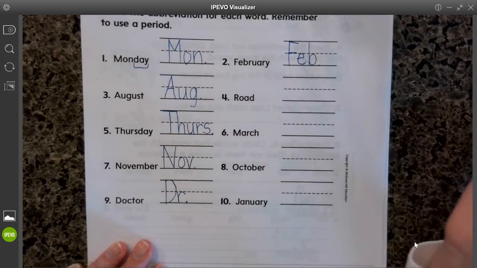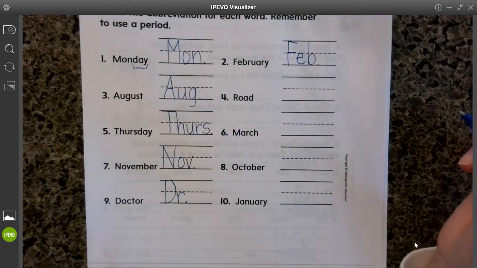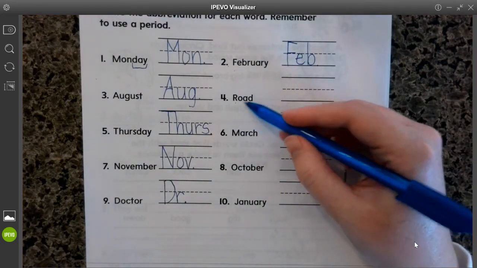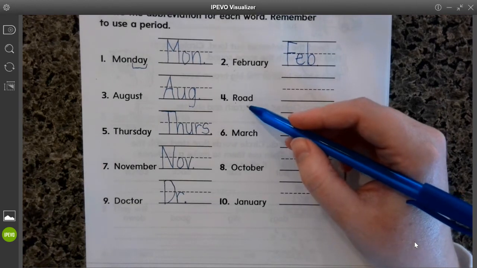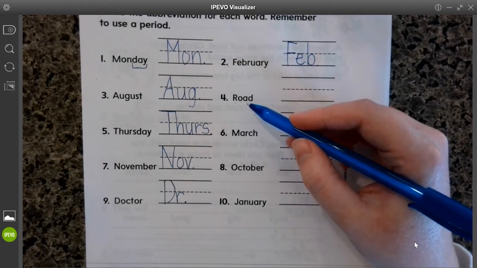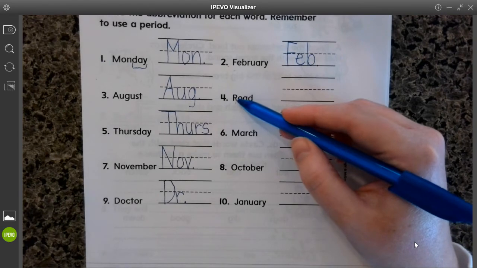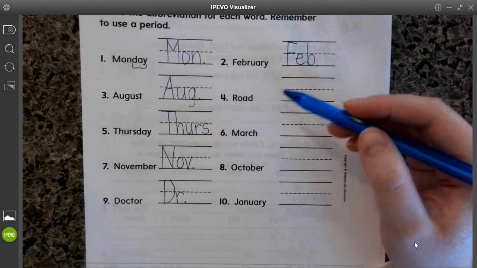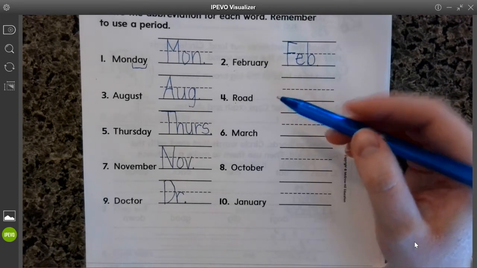Okay, 4 is another example of a word we sometimes see abbreviated. Notice again, I have a capital here. So this is the word road. Now, if I say I'm going to walk down the road, then it doesn't get a capital because it's not a name. And so I also wouldn't typically abbreviate that in a sentence.